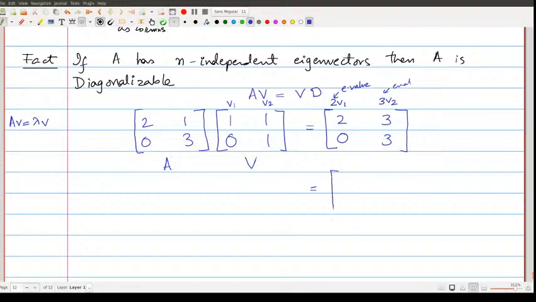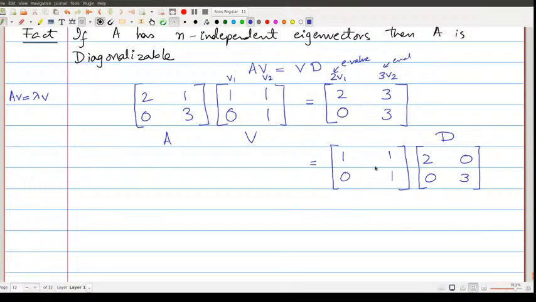Okay, and since I know that these are eigenvectors, I can write them in a different way. I can take out the eigenvectors, which were 1, 0 and 1, 1, and I can put the rest of the entries over here. I can put the eigenvalues over here. So I put on the diagonals the eigenvalues. So now I'm constructing D, right? So 2, 0, 0, 3. And notice that it's just the same thing, right?